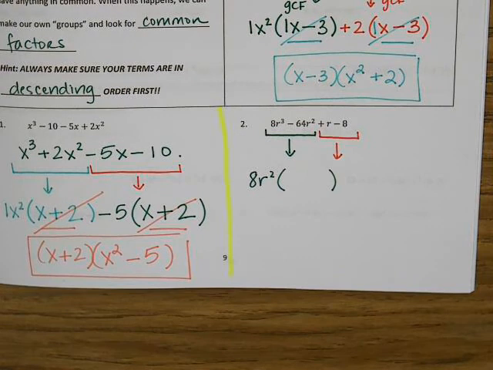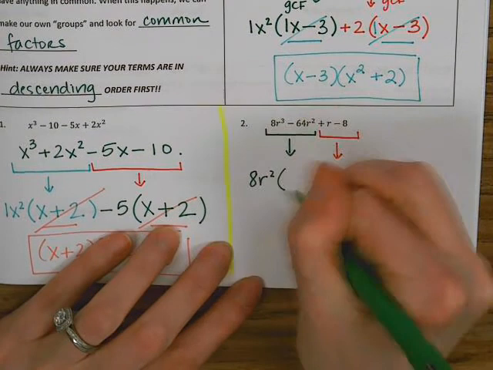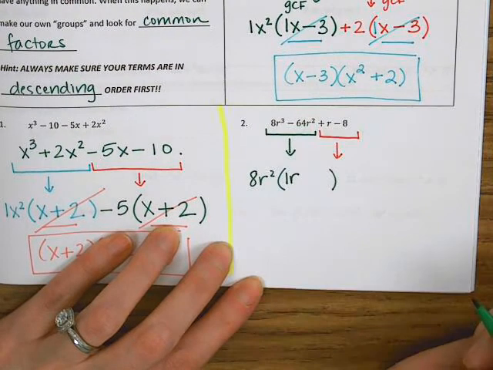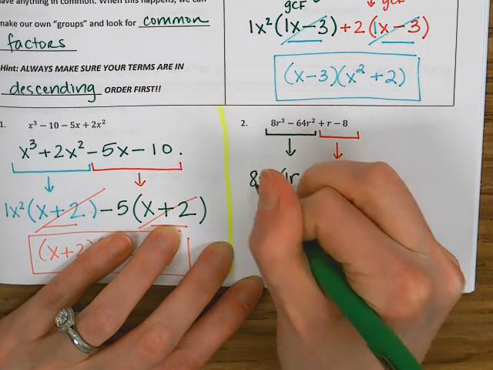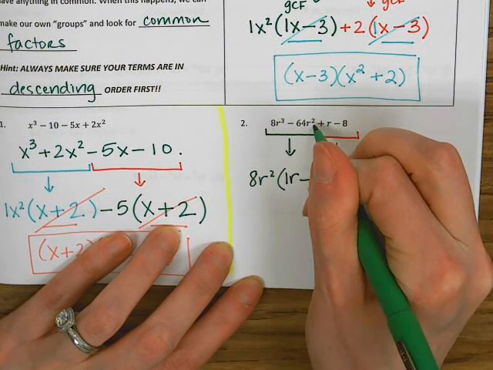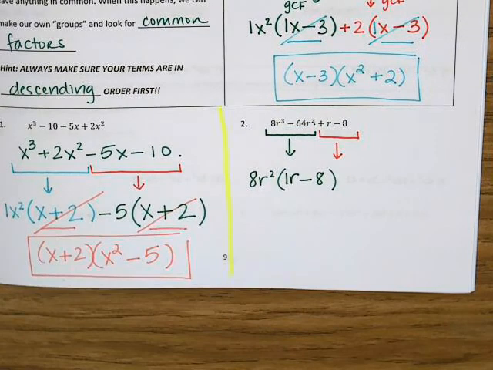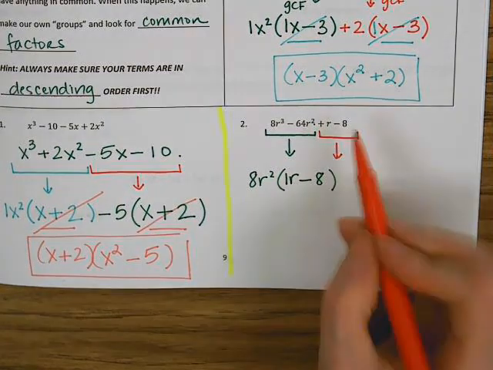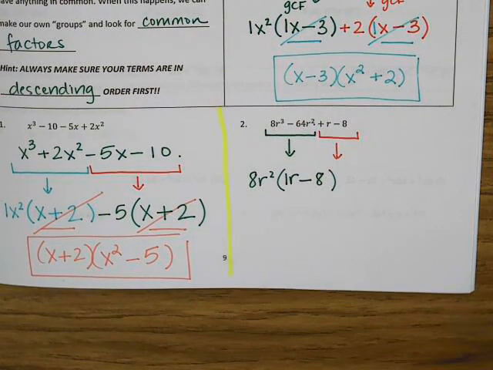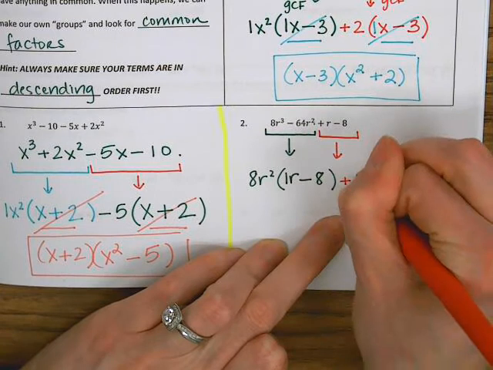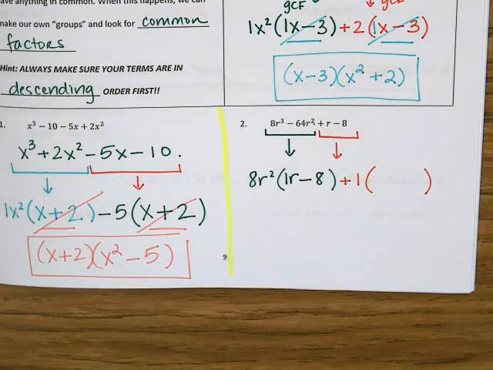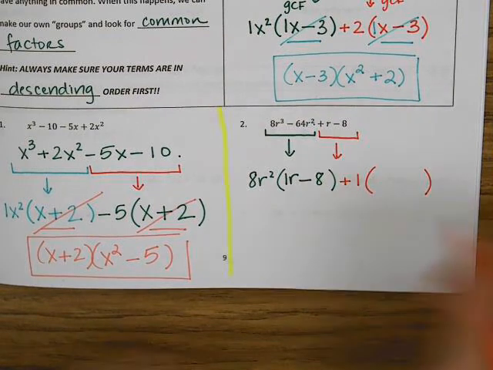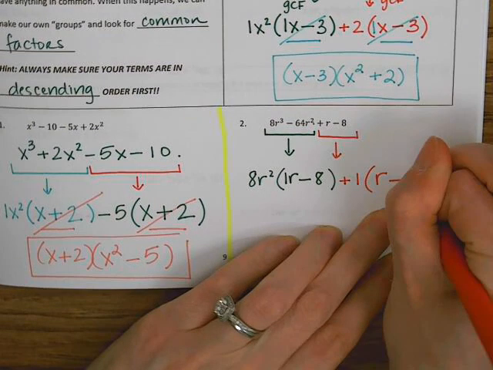Now actually divide it out. 8 divided by 8 is 1r, minus 64 divided by 8 is 8, and there's no r's left. Now, what's the GCF of these guys? Does 1r and 8 have anything in common? No. So when that happens, just pull out a plus 1. And then if you divide by 1, it's just going to stay r minus 8.